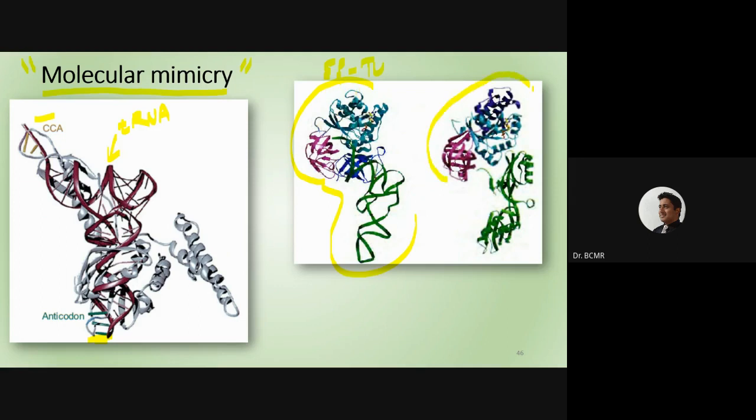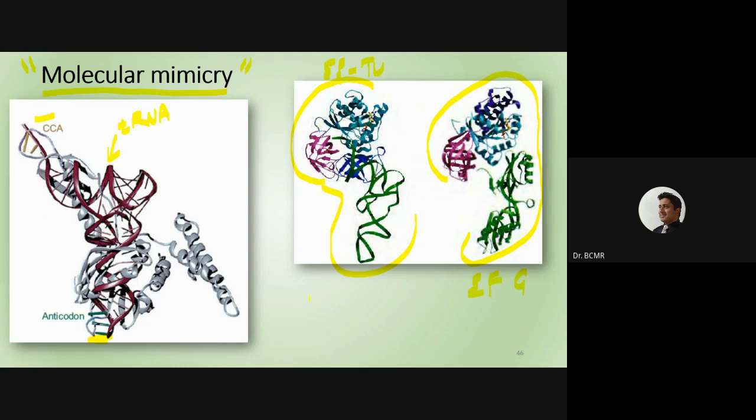The structure on this side that I'm encircling is the structure of EF-G. I hope you notice that they have very similar structures, right? That is basically what mimicry is.